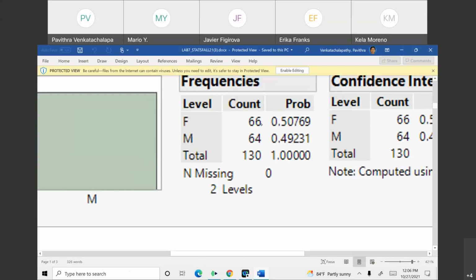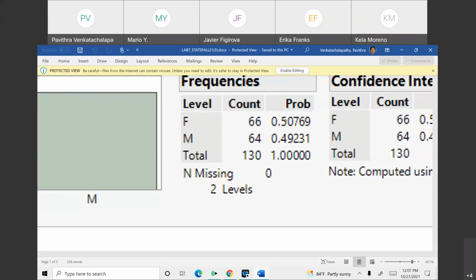So we are supposed to multiply the 66 and the probability corresponding to that, which is 0.5. So when you multiply those two, if you get more than 5, then we say confidence interval is valid. So you will have many variables to do. So what I do was, if the count is greater than 5, then we can easily say that np will definitely be greater than 5. Okay, so I do that.